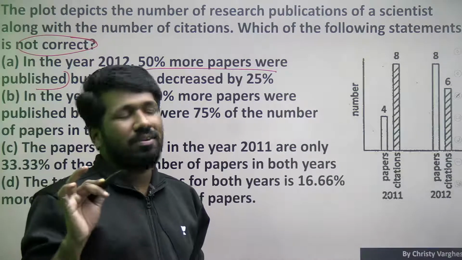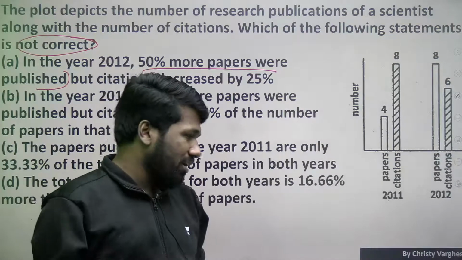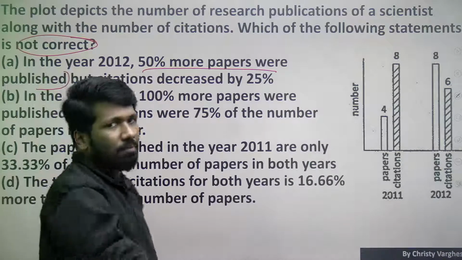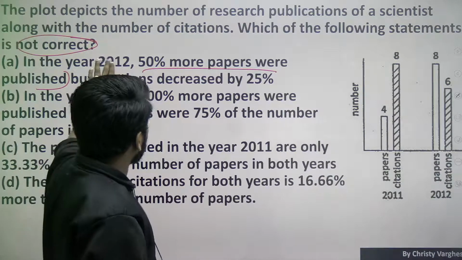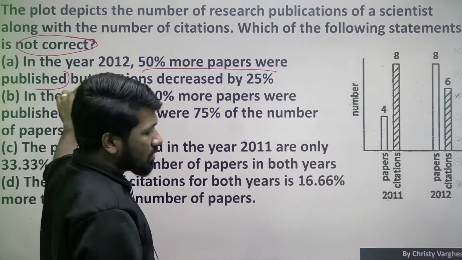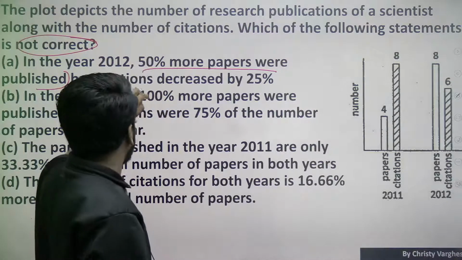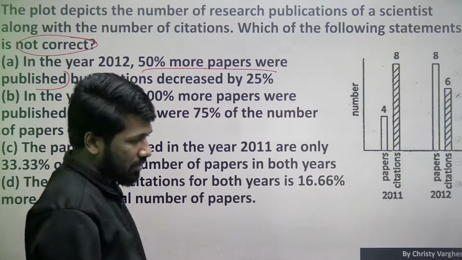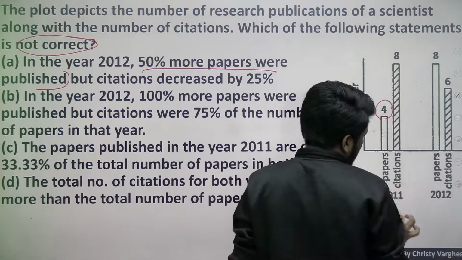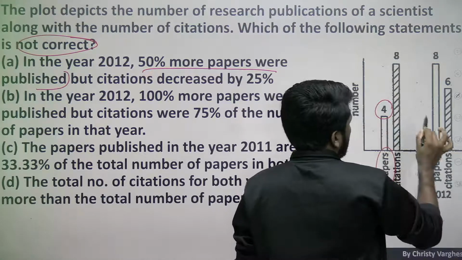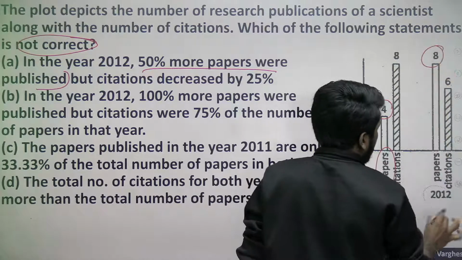Even if it doesn't mention compared to previous year, nothing mentioned means compared to the previous entity or previous value. So the papers in 2012 are 50% more than the papers published in 2011. Is it correct or incorrect? The number of papers in 2011 was 4, the number of papers in 2012 is 8.